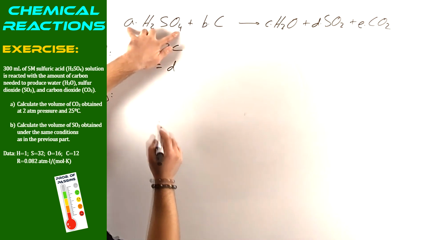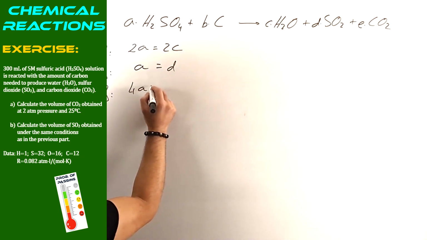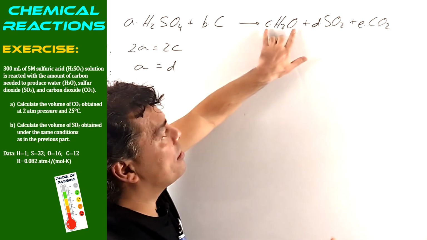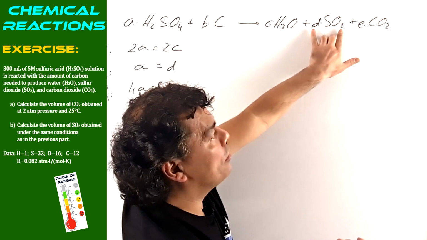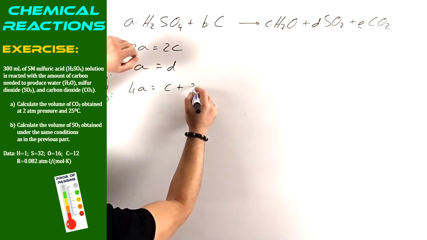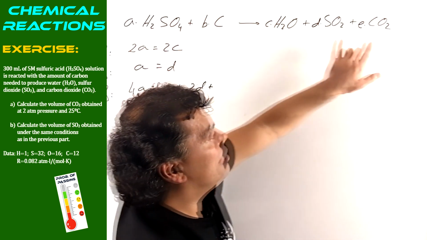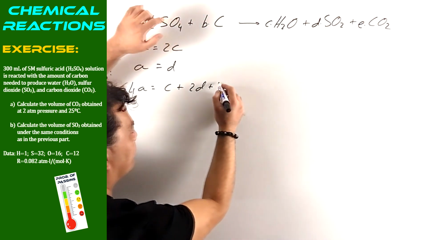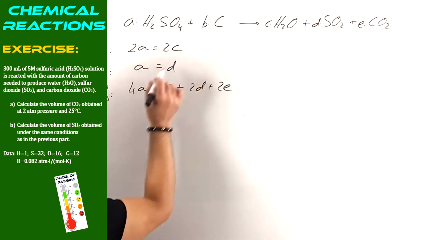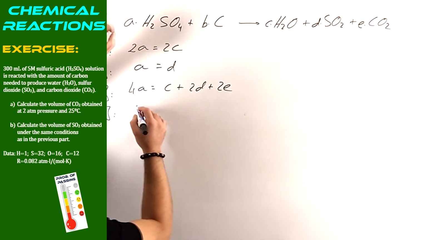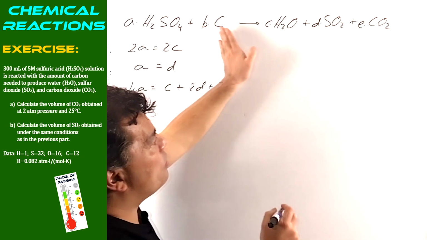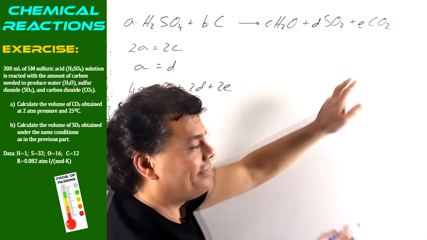A times 4 is 4A, that must be equal to C plus 2D plus 2E. And finally, carbon. B must be equal to E.